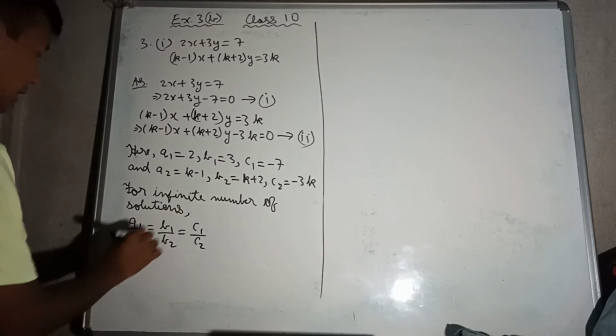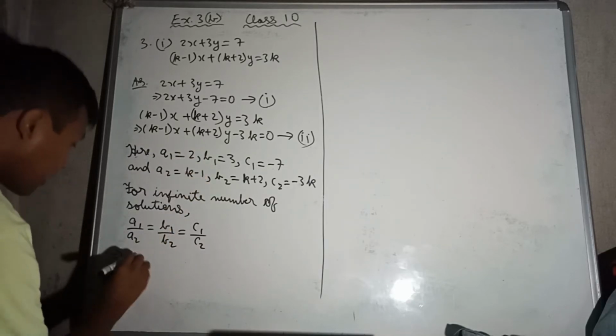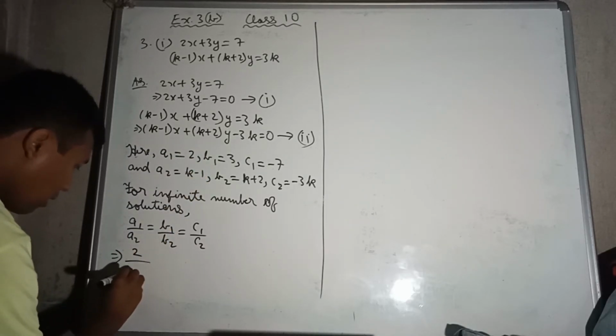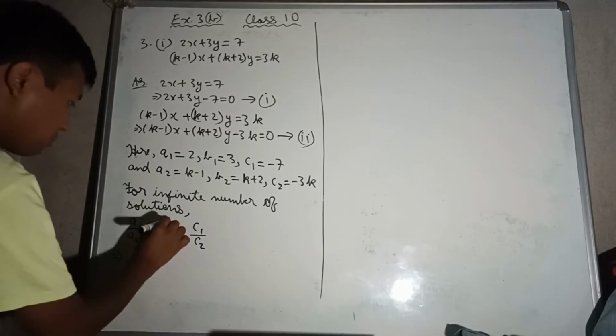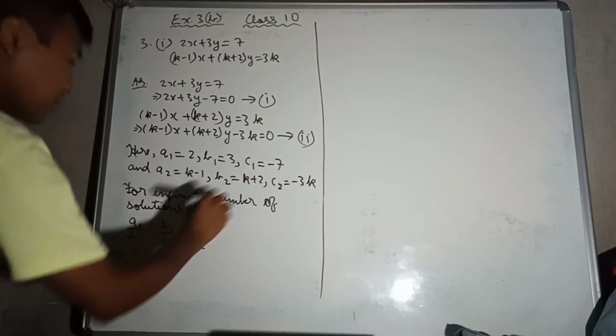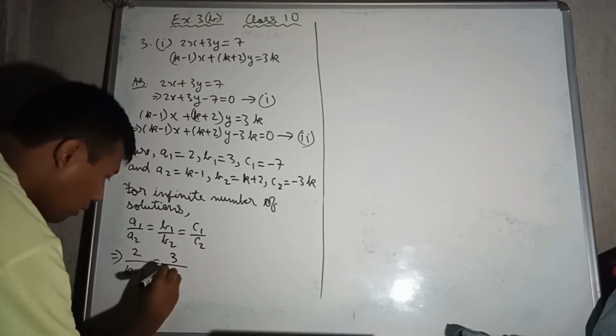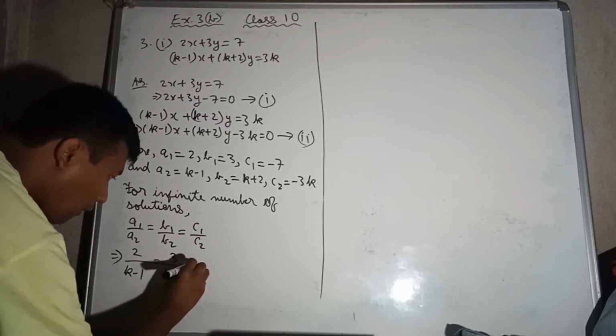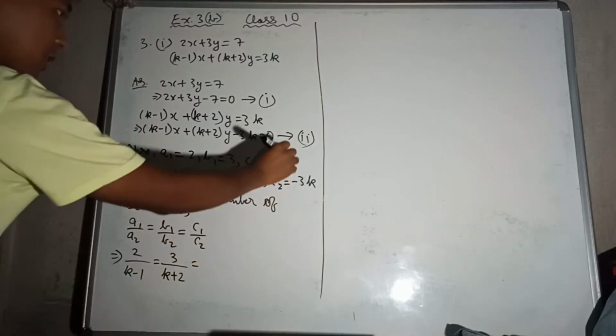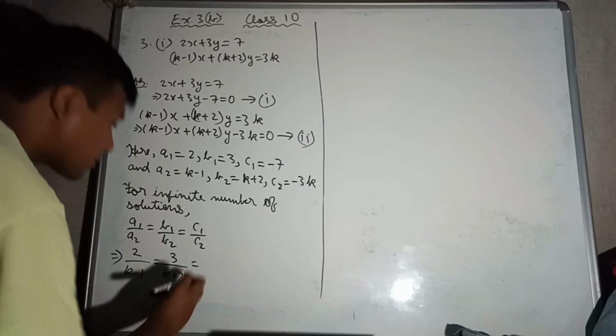This implies a1 by a2, 2 by k minus 1, is equal to b1 by b2, 3 by k plus 2, is equal to c1 by c2, minus 7 by minus 3k.